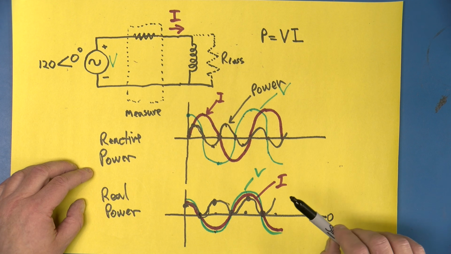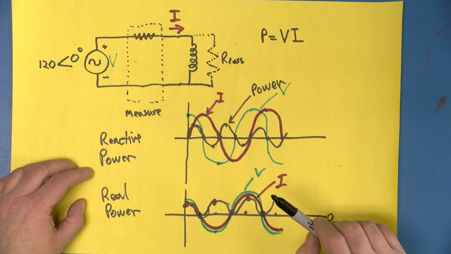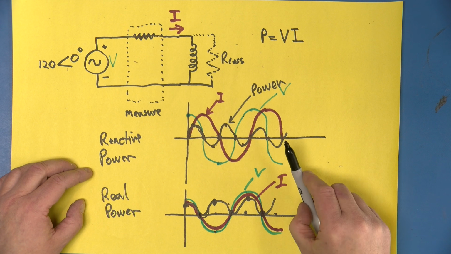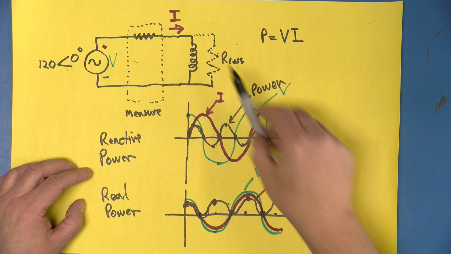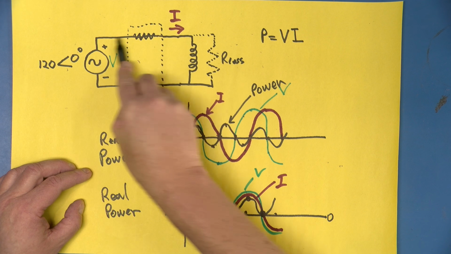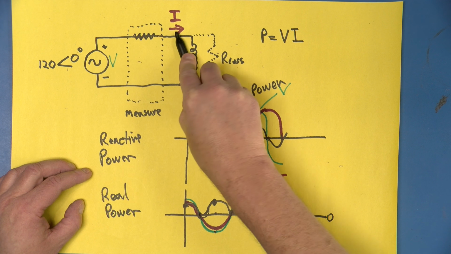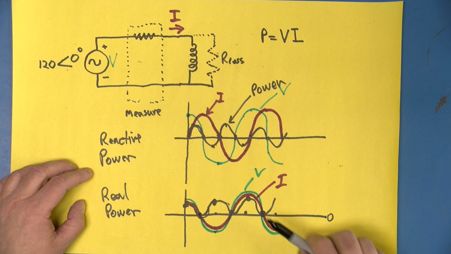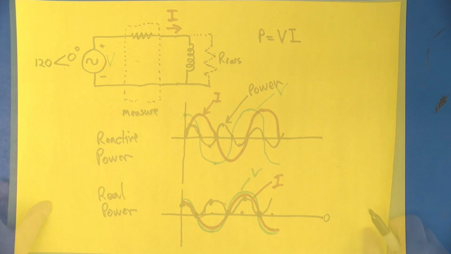Well, how do we handle that? We handle that by something called power factor, and it's really how much of the total current that you would measure with an ammeter is the current that's contributing to real power. And let me show you very quickly how we get that.